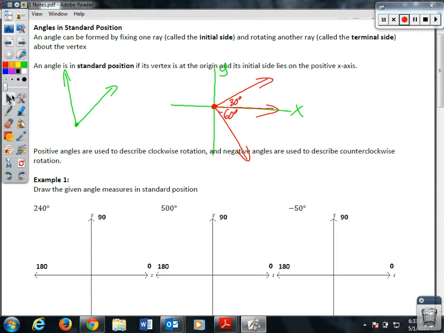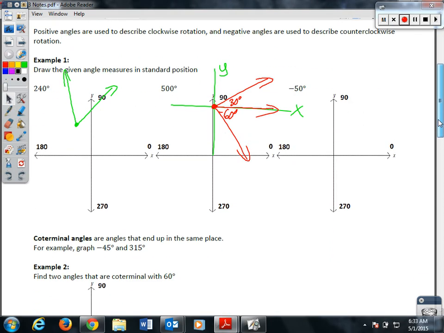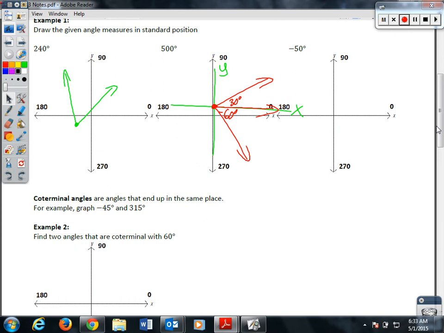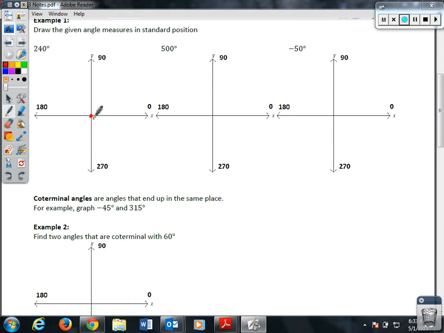Example 1, let's try doing some of these. 240 degrees. These are all in standard position, so we're starting on the x-axis, and then we're going to rotate 240 degrees. First, let's think about what quadrant it will be in. 180 degrees is going around making a flat, straight line. 270 degrees is if we make another 90-degree angle, so it's somewhere between those two.